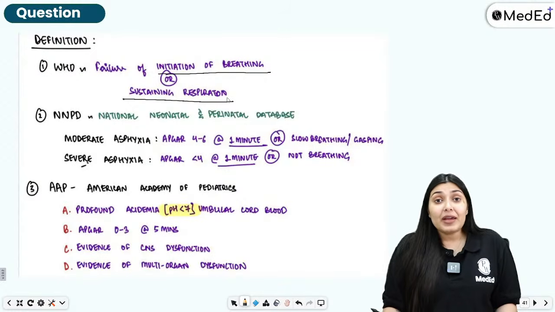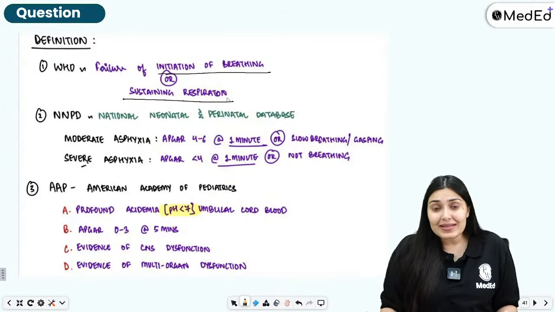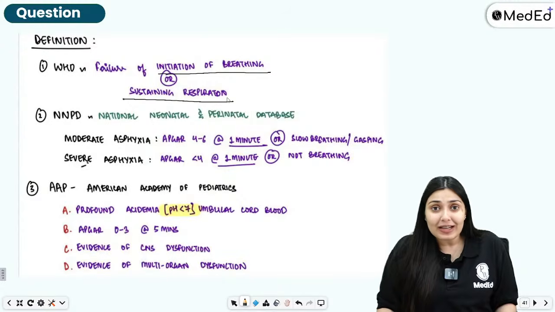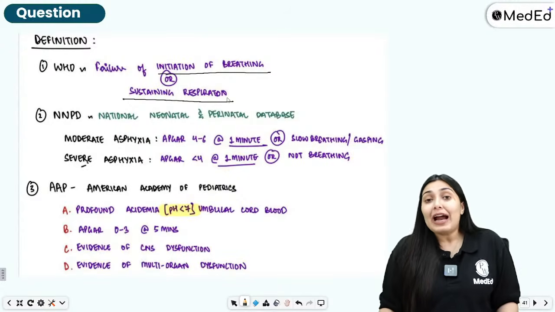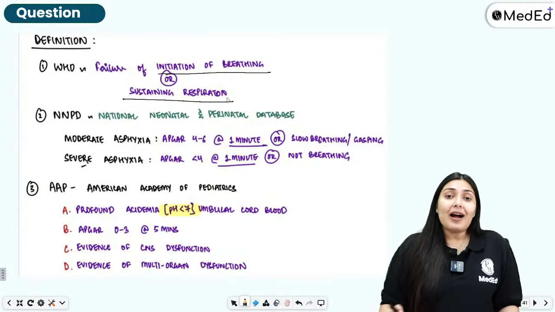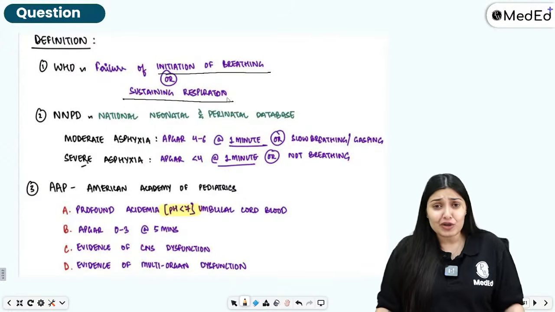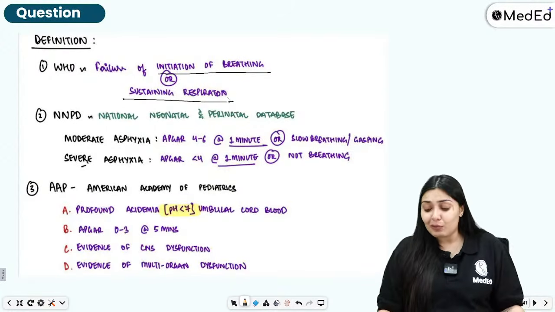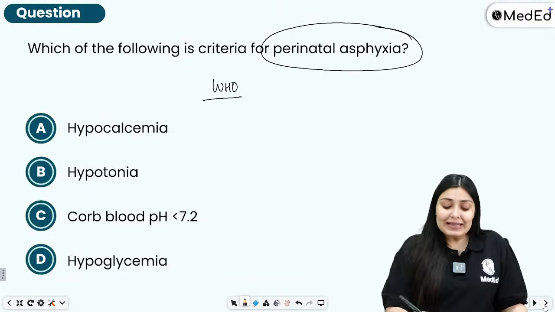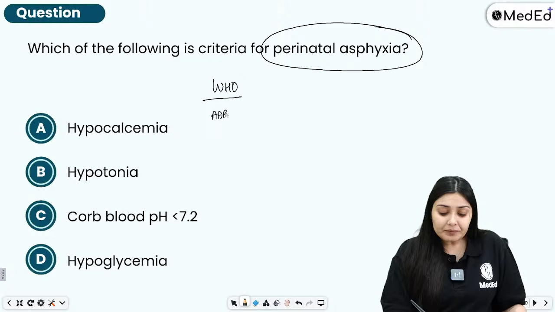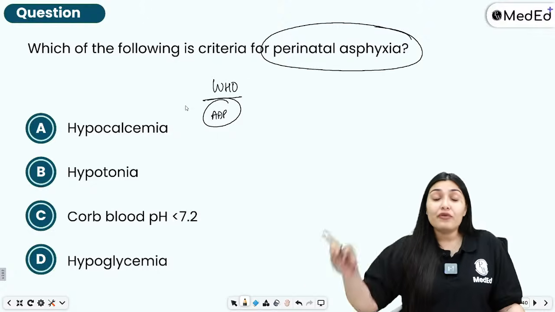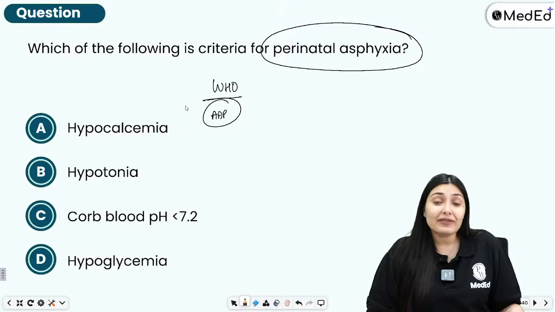Then came AAP. What is this AAP? This is not Aam Aadmi Party. This is American Academy of Pediatrics. So what did AAP say? AAP said that NNPD again has given a very simple definition. Let me complicate the definition even more. So these AAP people, on the basis of the pathophysiology of perinatal asphyxia, gave the definition.